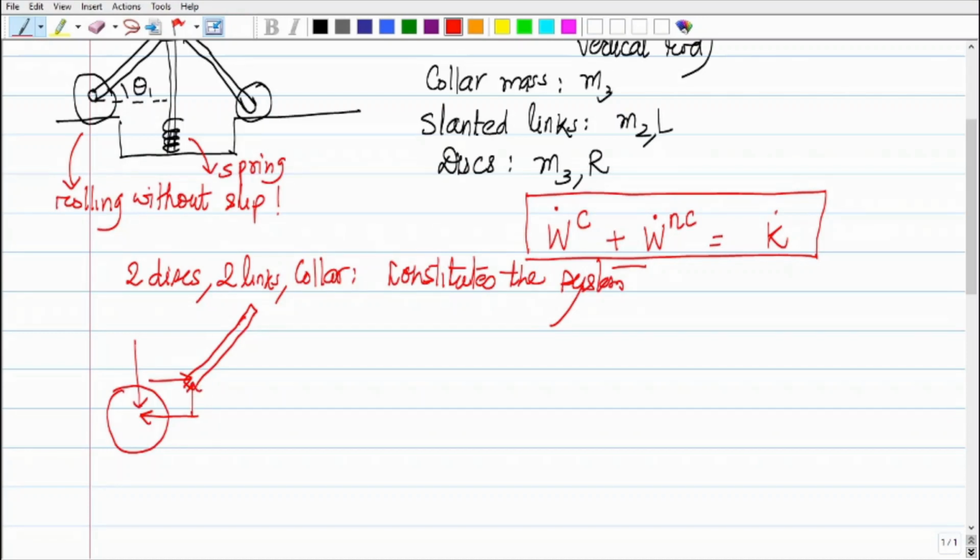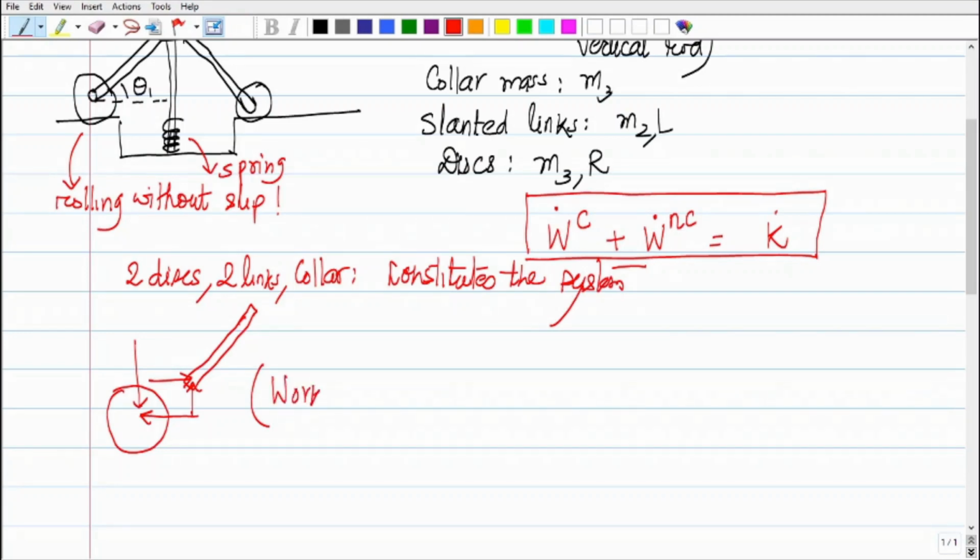But these action reaction forces or the internal pair forces together does no work. The work done by the action on the disk exactly cancels the work done by the reaction on the link, right?